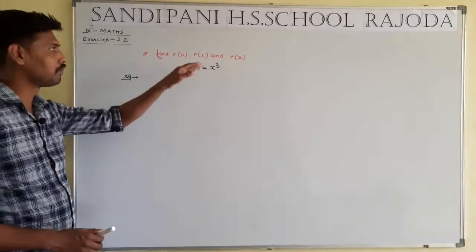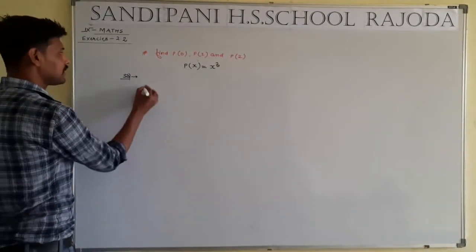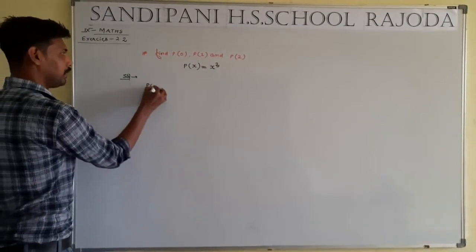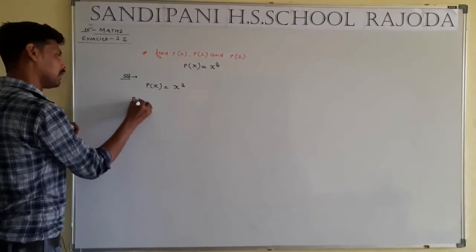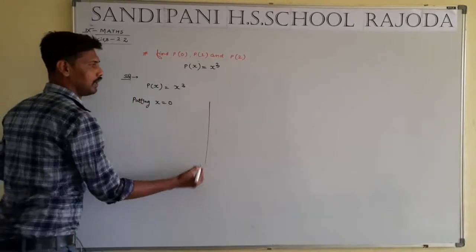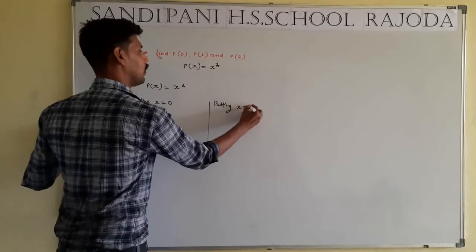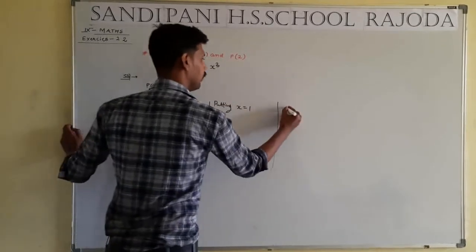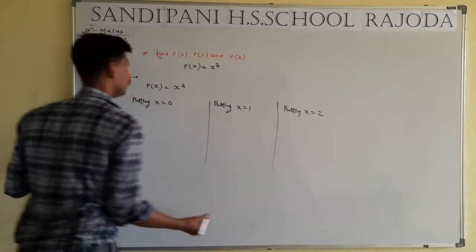A difference from the other question, that is a cubic polynomial. Case first, given that Px equal to x cube. Putting x equal to 0, then putting x equal to 1, and finally putting x equal to 2.